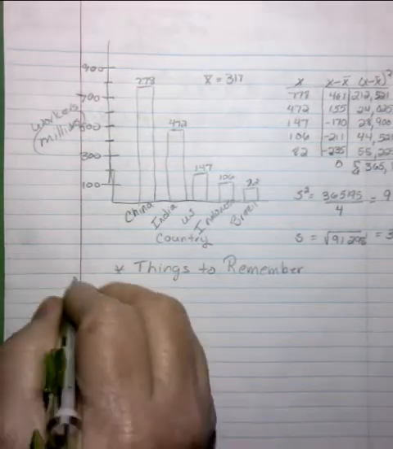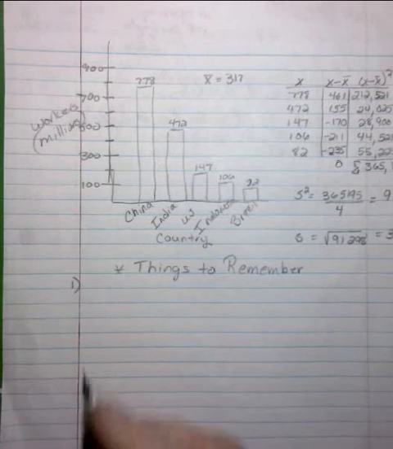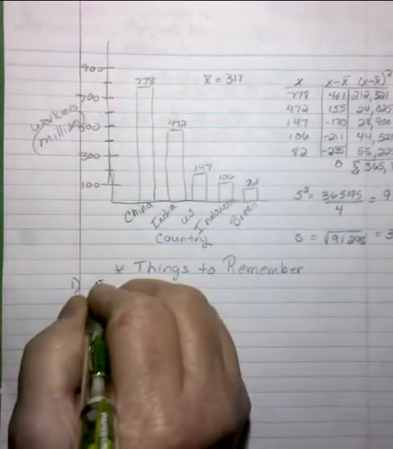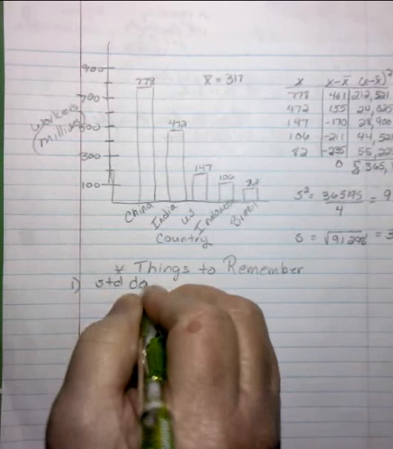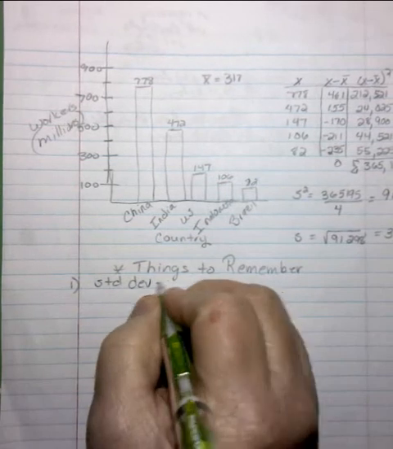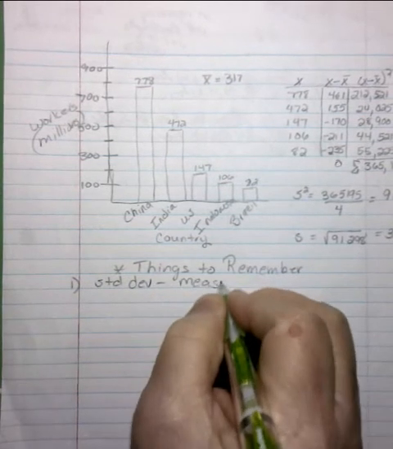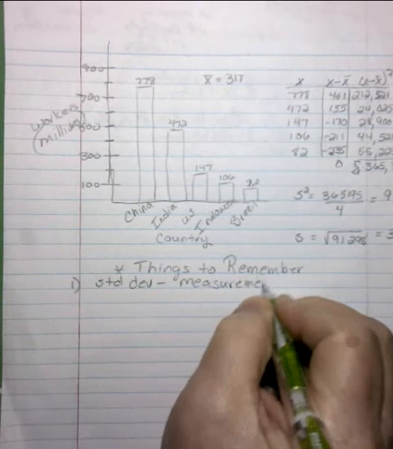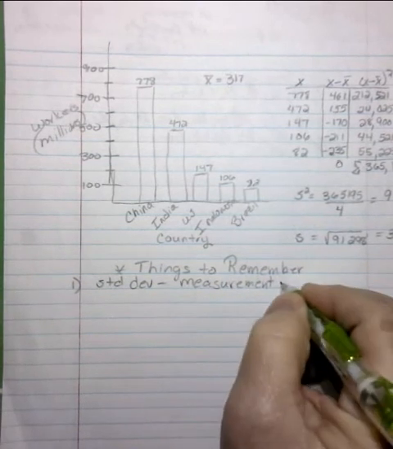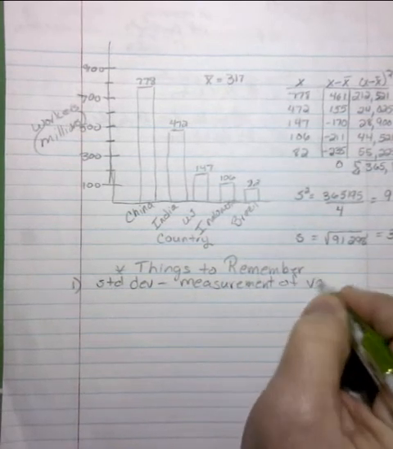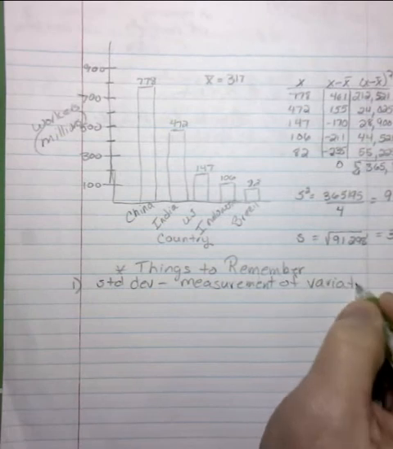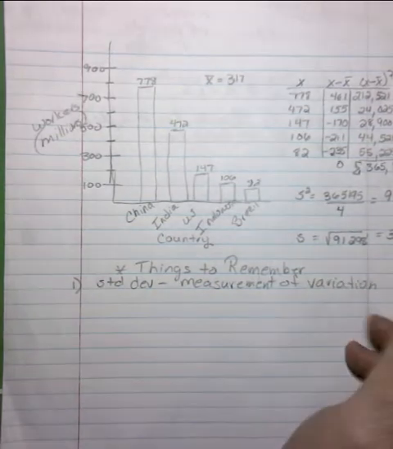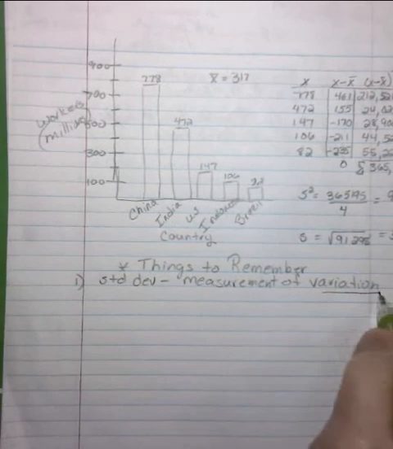So our first item here is just to remember that the standard deviation is a measurement. And it is a measurement of variation, or a measurement of dispersion, or a measurement of the spread.